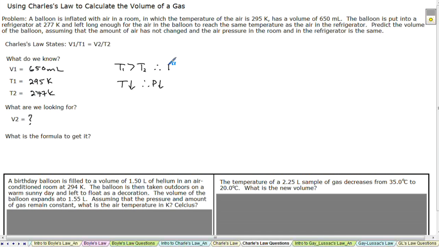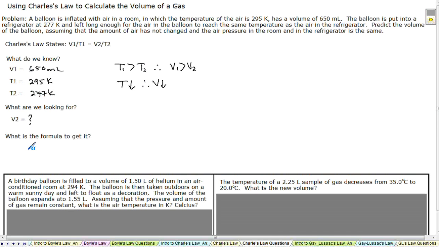So here our V1 must be greater than our V2. We always do these quick checks before we approach the question. When we develop our formula or plug our numbers in, we can quickly check back if we got what looks to be the correct answer.